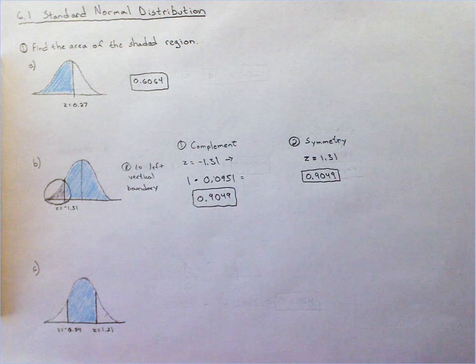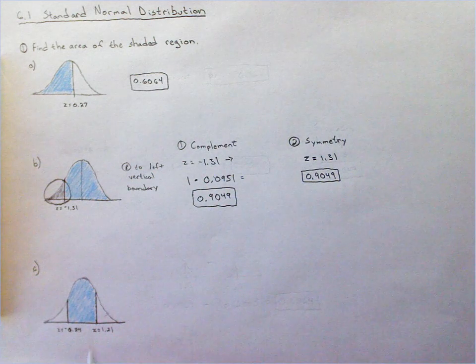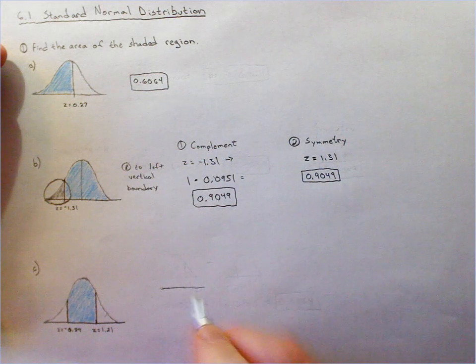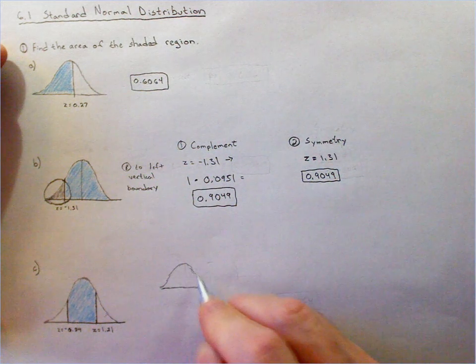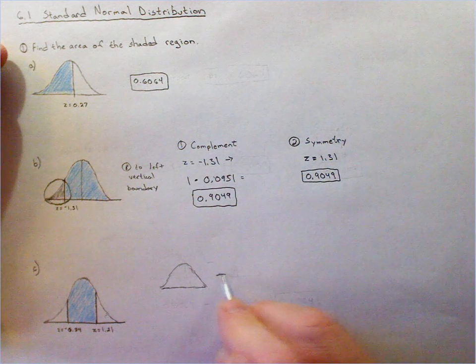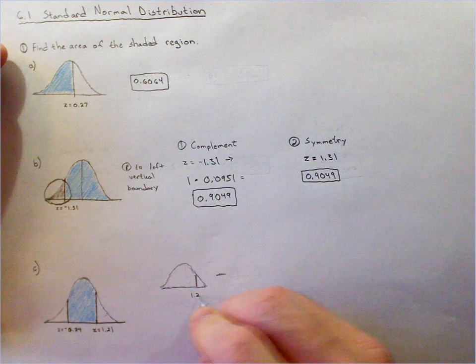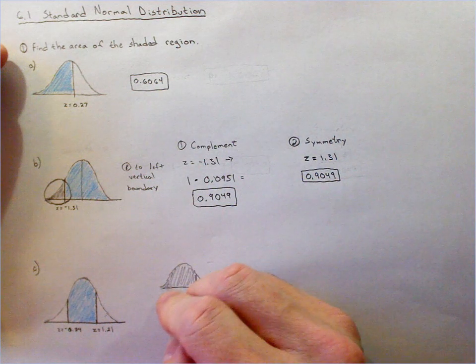Alright, last one. I have an area in the middle here. I need to look up two z-scores. Let me make a little drawing for you. And anytime you don't have a density curve on a problem, draw it in there. So this is what I have here. I have the z-score of 1.21 for this one, and it's shaded in all the way through there.